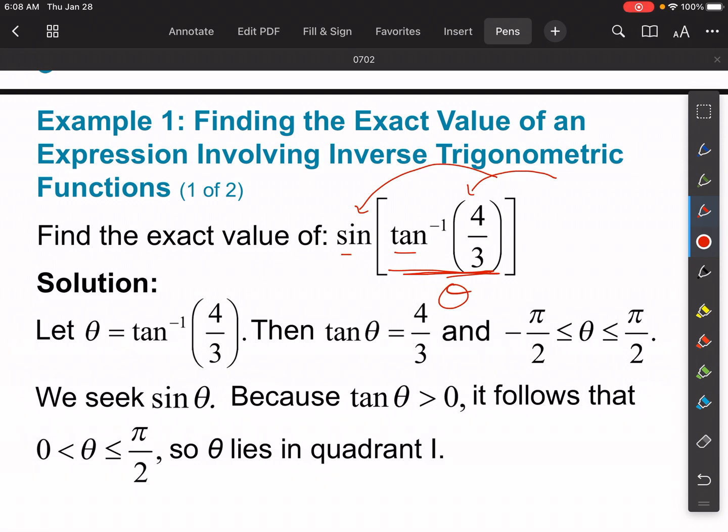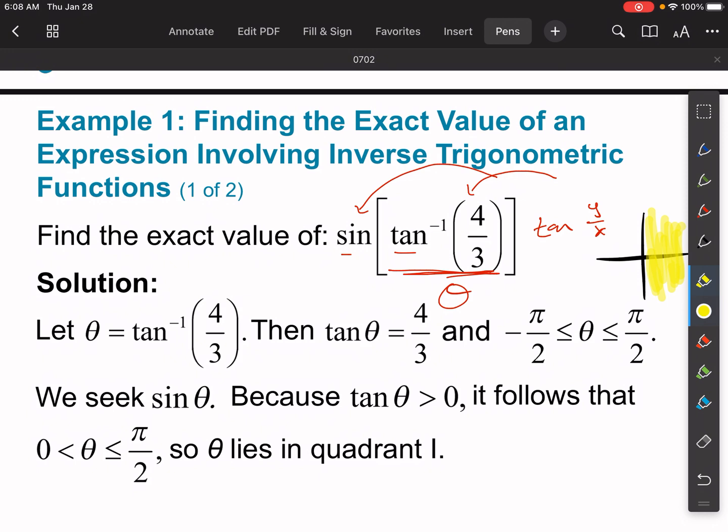Okay, so for tangent, we want to first evaluate the inverse tangent of 4/3. So what is tangent? Again, tangent is y over x, right? We know that the tangent function that we care about happens between negative pi over 2 and pi over 2. Okay, but we're looking for the sine.